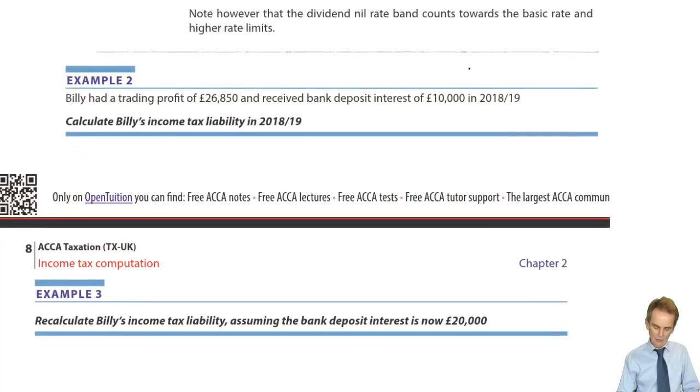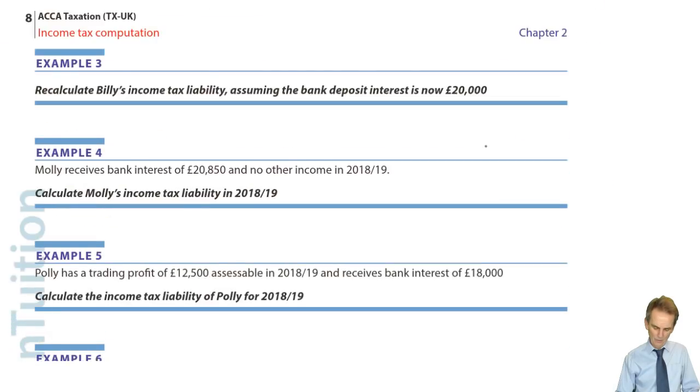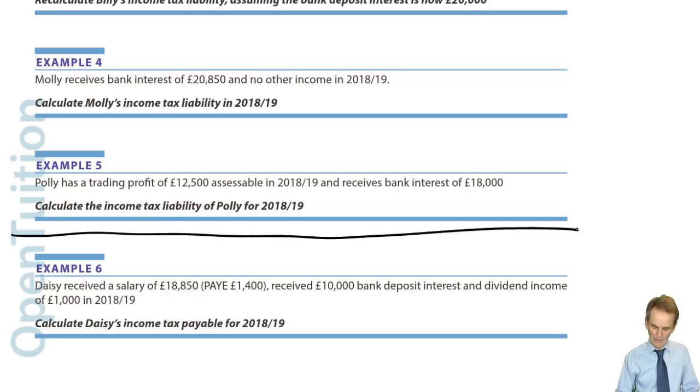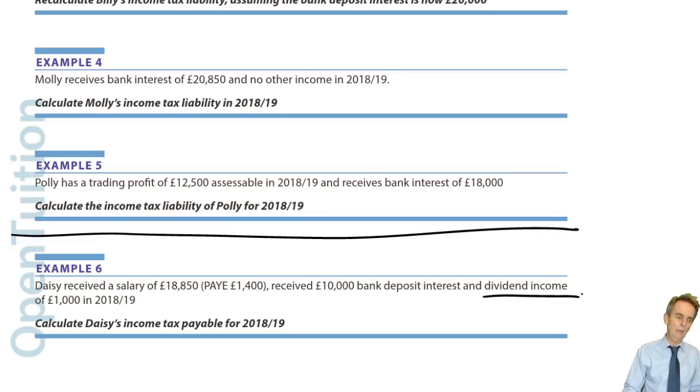In examples 2 through to example 5, only as far as example 5, example 6 includes dividend income. Wait till I've dealt with that with you next time. For examples 2 to 5, make sure that you're okay with the working of a tax liability or tax payable, if required, in terms of a mix of non-savings and savings income. Okay, do that next time.